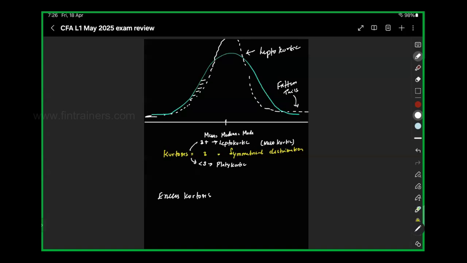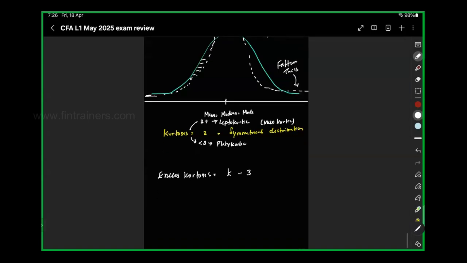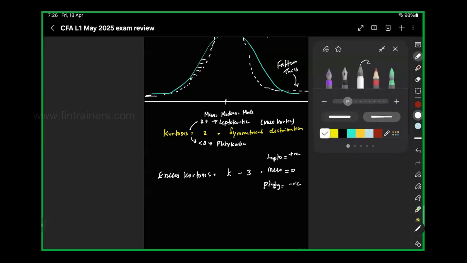Excess kurtosis is your kurtosis value minus 3. So the mesokurtic will have 0, your leptokurtic will have positive, and your platykurtic will have negative values for kurtosis.